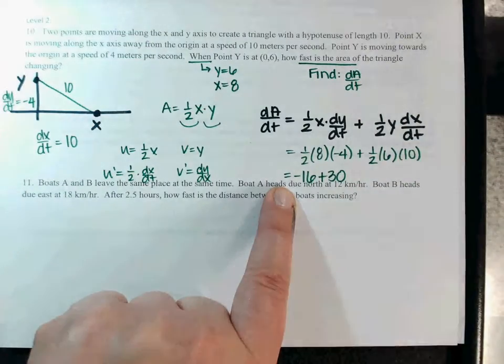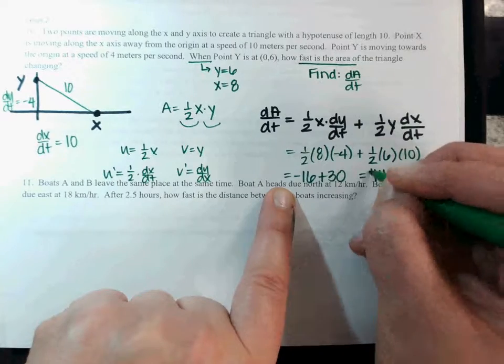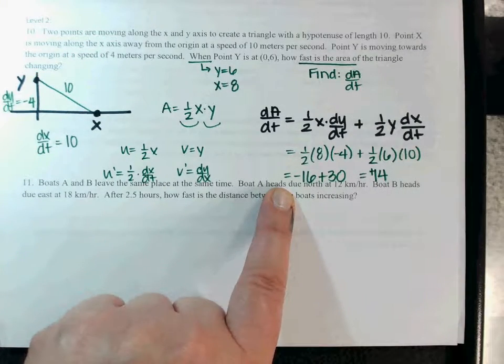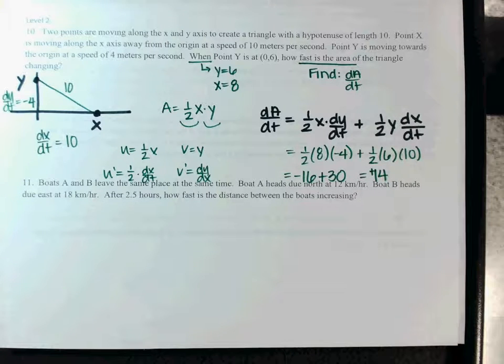What is -16 plus 30? 14. Now, quick question. If my dA dt came out positive, what's happening to the area? Overall, it's increasing or decreasing? Area was positive, so it'd be increasing. Very good. Okay?